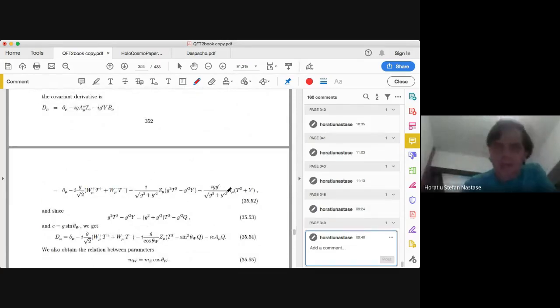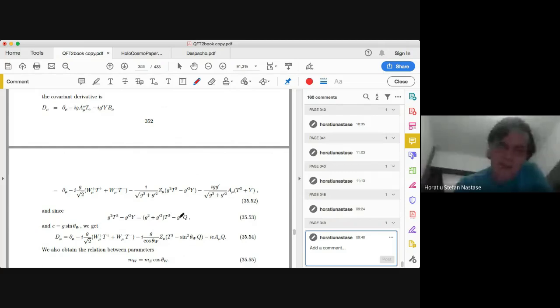Minus i g prime over square root of g squared plus g prime squared, A mu, T3 plus Y. But then we also notice that this combination g squared T3 minus g prime squared Y can be rewritten as g squared plus g prime squared T3.